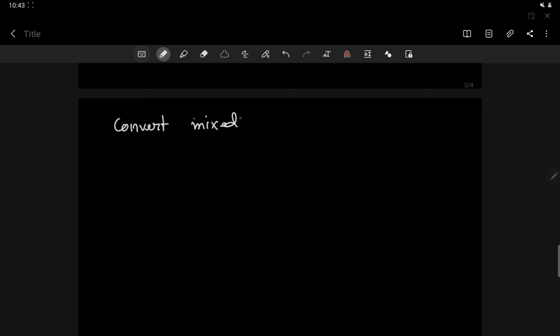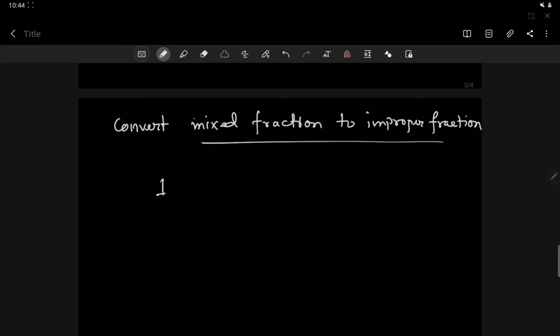Now convert a mixed fraction to an improper fraction. Suppose I am giving 1 and 3 by 5. You have to write a dividing line.